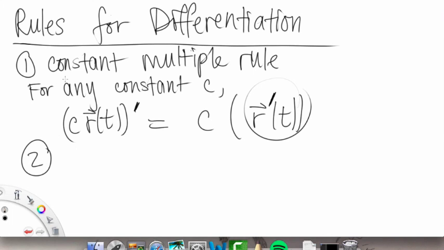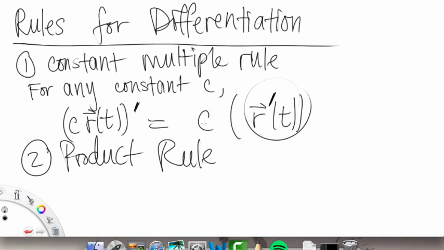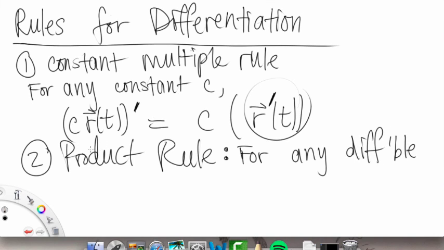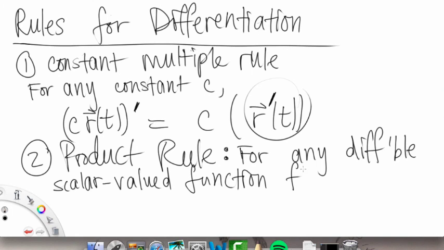Number 2 is the product rule. There are a couple different product rules, and this is the first one that we'll see. The product rule says for any differentiable scalar valued function, so this is the kind that we're used to, and we'll call this f of t.